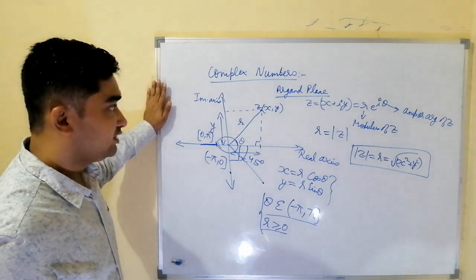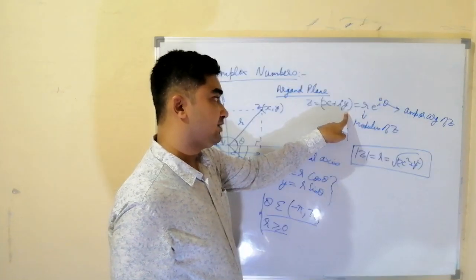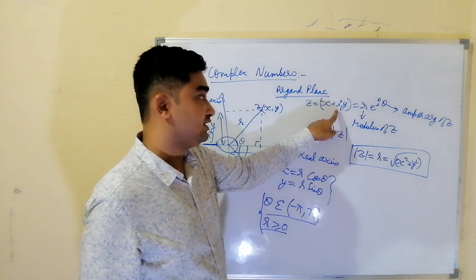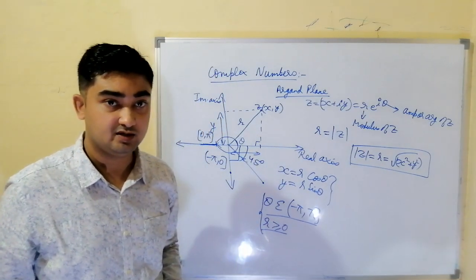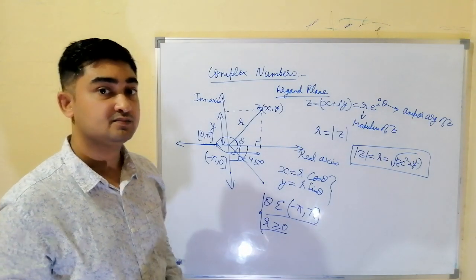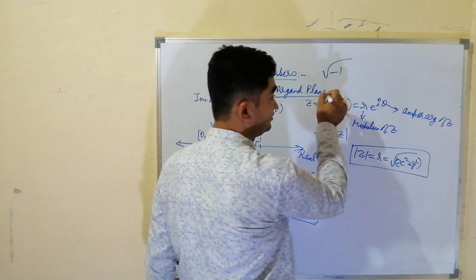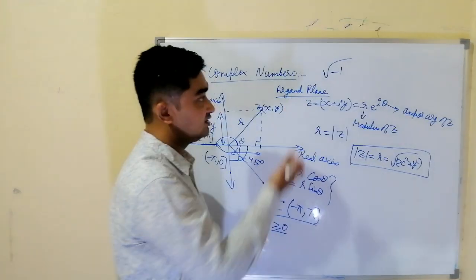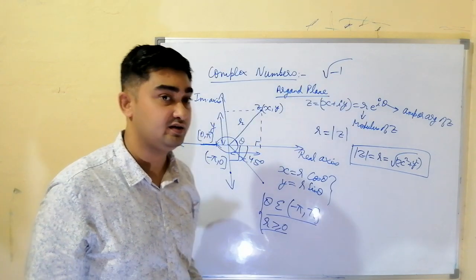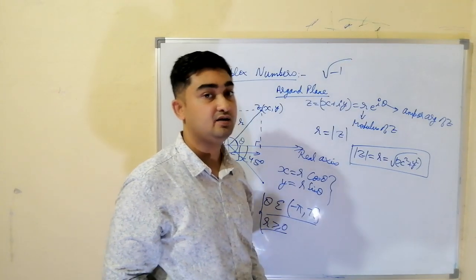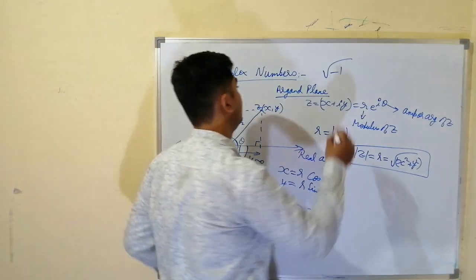So now we have seen what is a complex number. In a complex number we have a real part and an imaginary part. We have seen what is iota. Iota is under root of minus 1. What was the need to use complex numbers? Because under root of a negative number is not allowed, we cannot find a real solution for this. If we cannot find a real solution, we will find the imaginary solution, and that imaginary solution is iota.